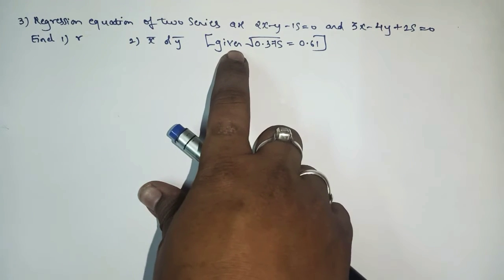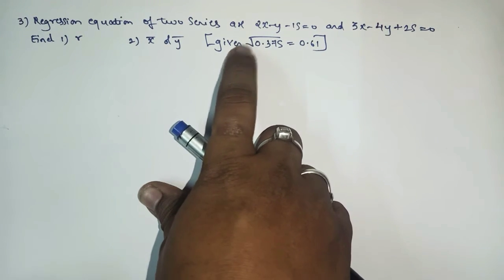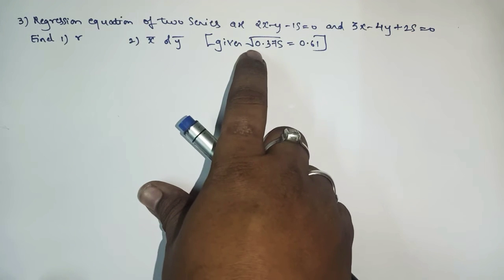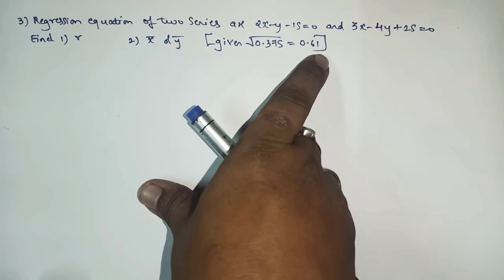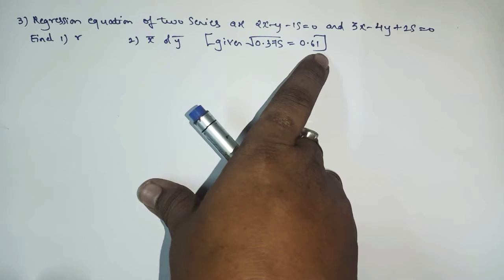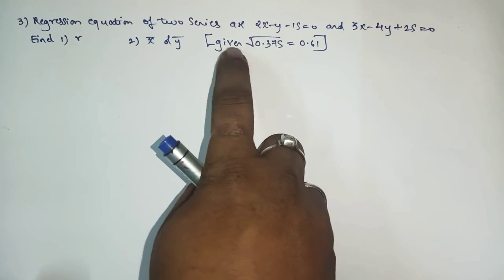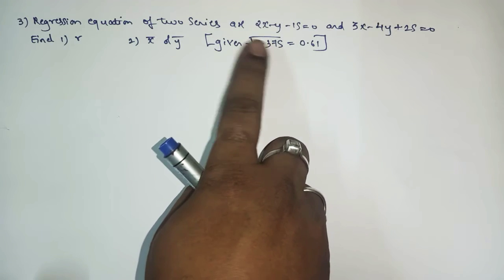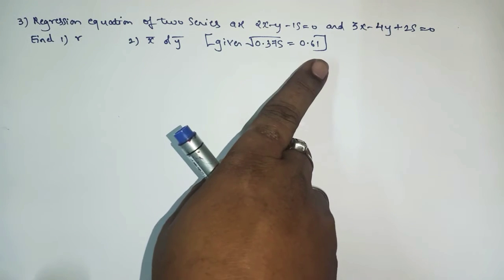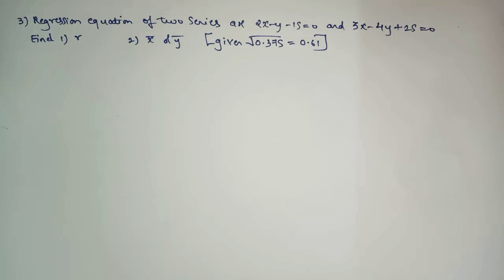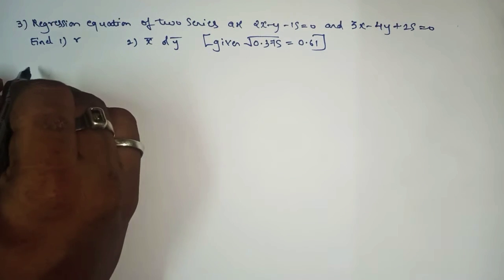In this question, it is given that the square root of 0.375 is equal to 0.61. Wherever you get the square root of 0.375, replace it by 0.61. So let's start with the solution.